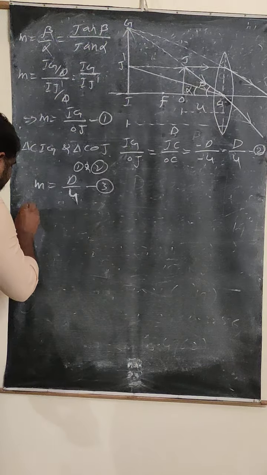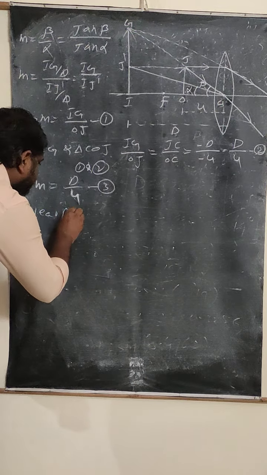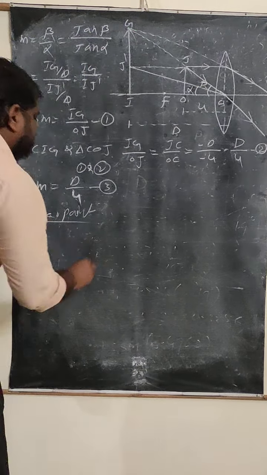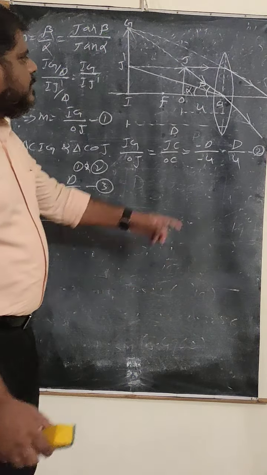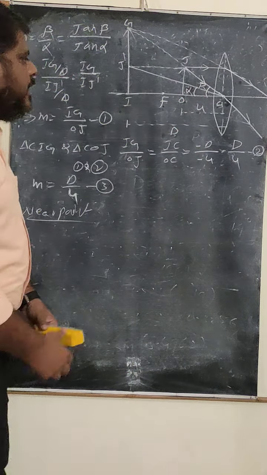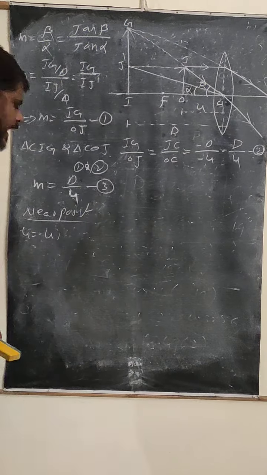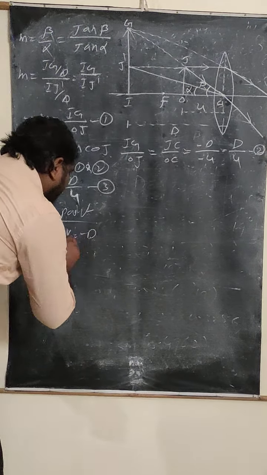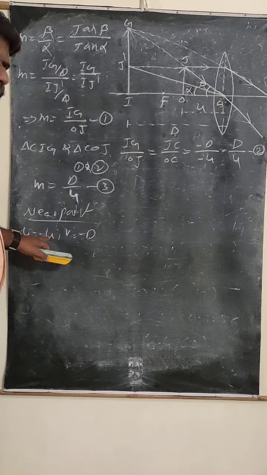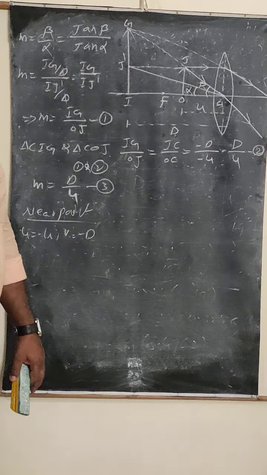So we are going to refer to the near point adjustment. In the near point adjustment, the object is placed here. Let us say u is equal to minus u, and v is equal to minus d. Object distance is minus u, image distance is minus d.